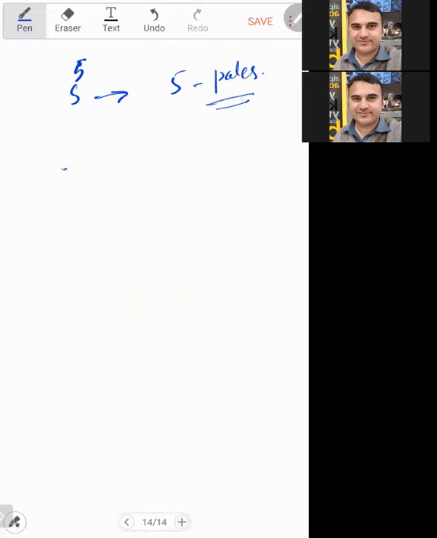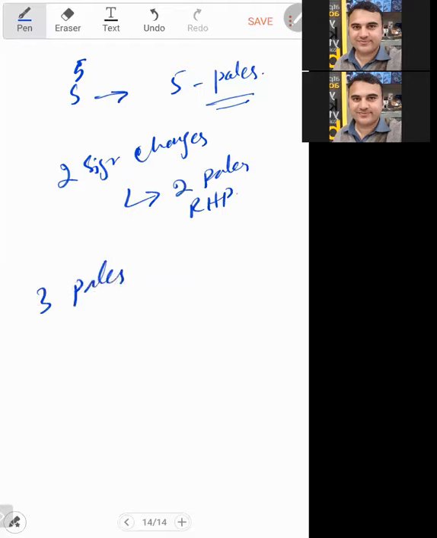Out of 5, since there are 2 sign changes, 2 poles are in the right half plane, and the rest, 5 minus 2, which is equal to 3 poles, are in the left half plane.